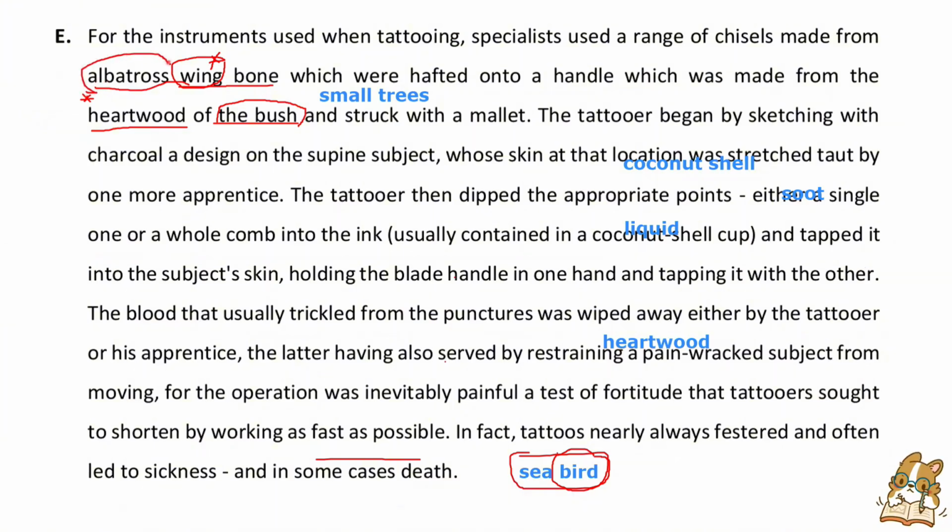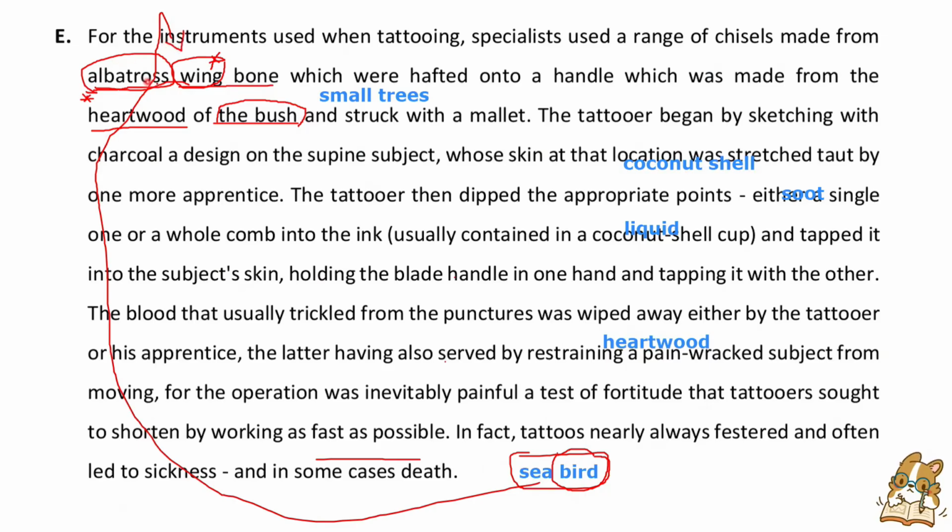So I was just showing you how to look for the word seabird, and if we can't find the word seabird, then we have to look for a synonymous word or clues. So birds have wings. This helps us find our answer.